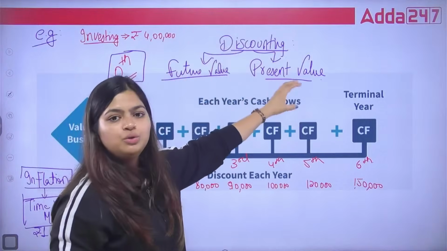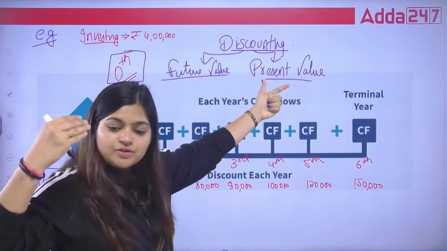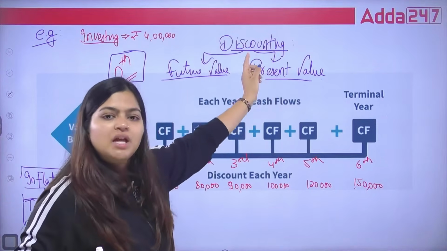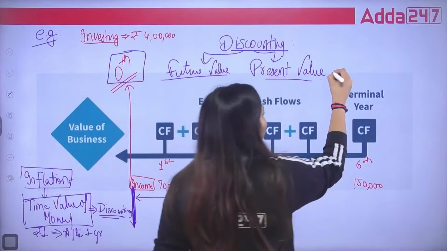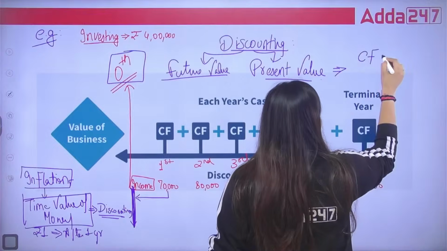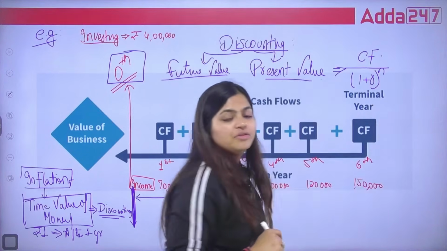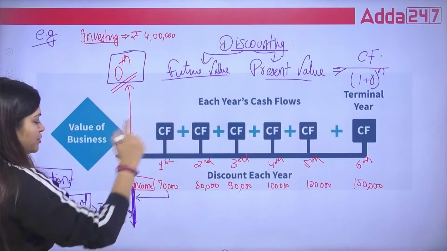But if you want to know, after adjustment of inflation, what is today's value at your 0 time period, that time you use this present value. And the formula for this present value is whatever cash flow you are generating divided by 1 plus r to the power n. This is the formula we need to use.